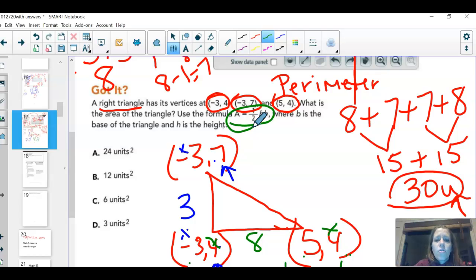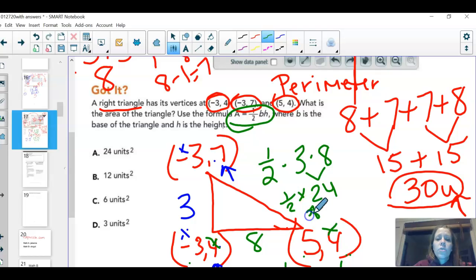Okay, so 1/2 medio de times or of 3 times 8. Well, 3 por 8, 3 times 8 is 24. And 1/2 times, or 1/2 of 24 is 12. Y entonces esa es mi respuesta.